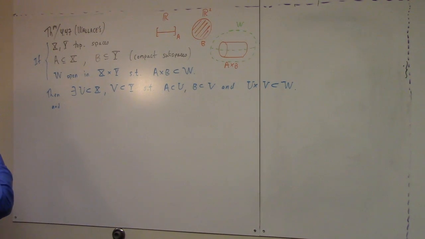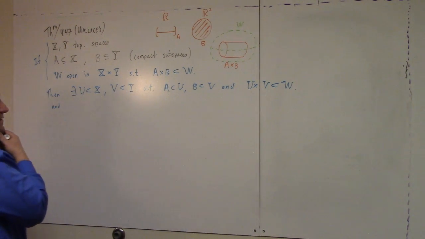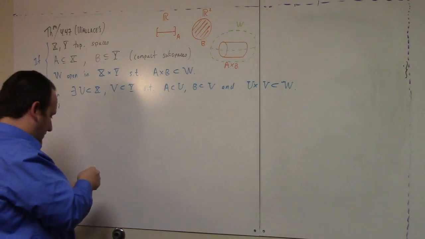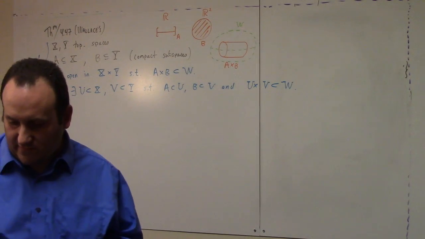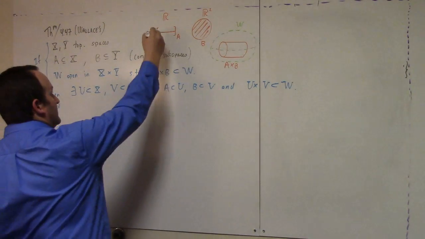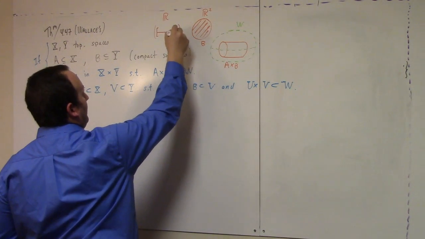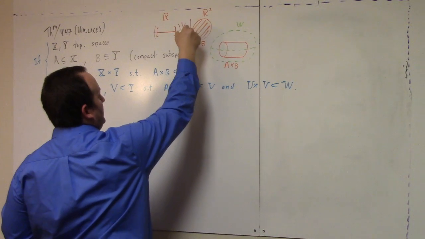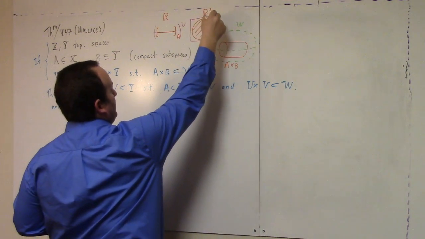We don't have much fine print on that except that it has to contain the Cartesian product of A and B. Then there exists U, which contains A, something like this in my picture, and V could be something like this.